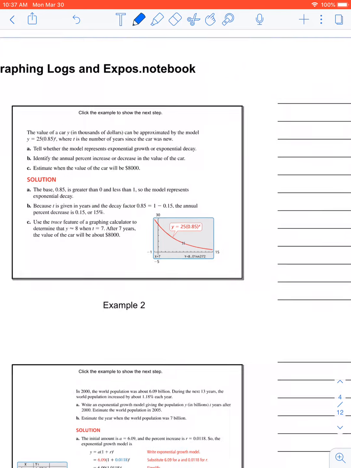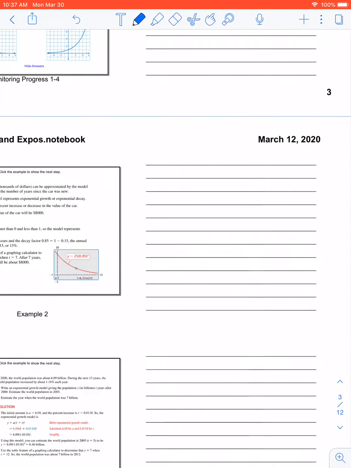Well, where does that come from? It's important to know the two equations that can make an exponential equation. They are y equals a, parentheses, 1 plus r to the t. This one here is for growth.